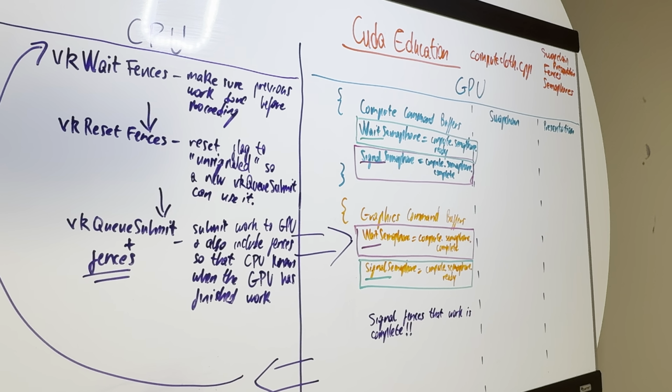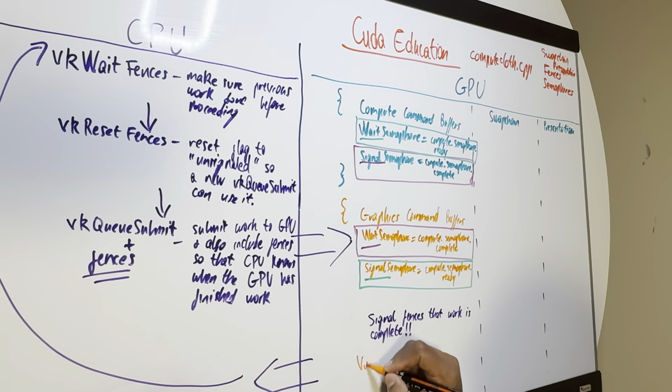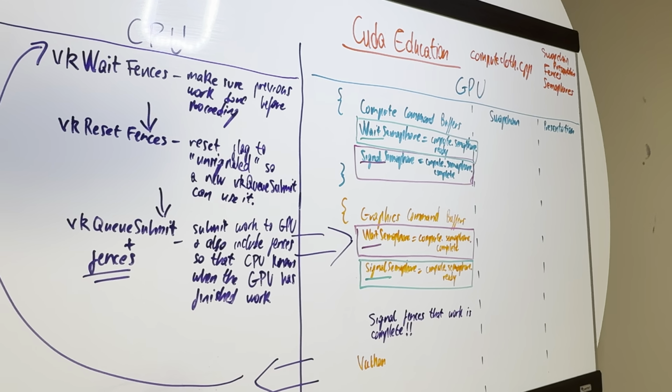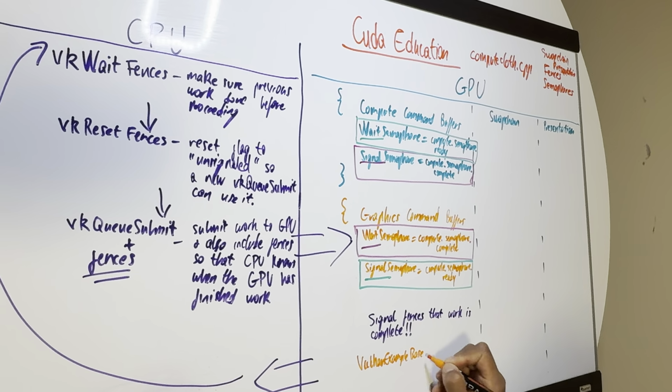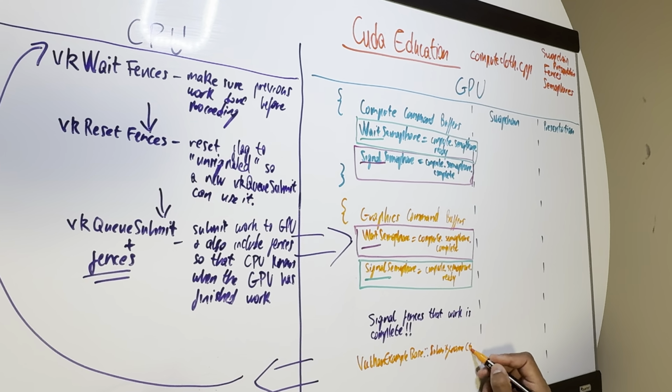And okay, so we have VulkanExampleBase.submitFrame, and then we have true.